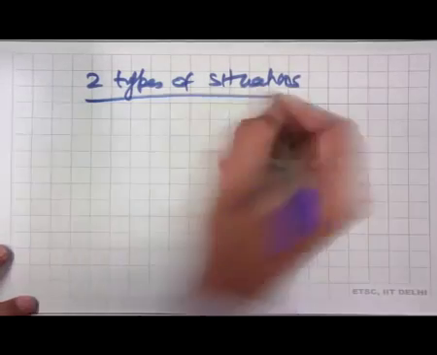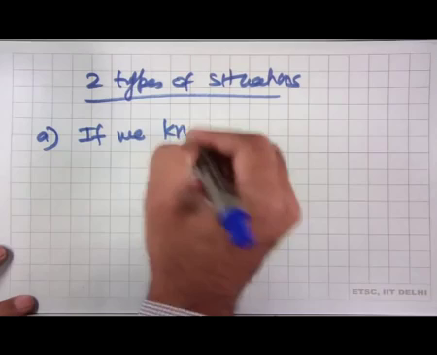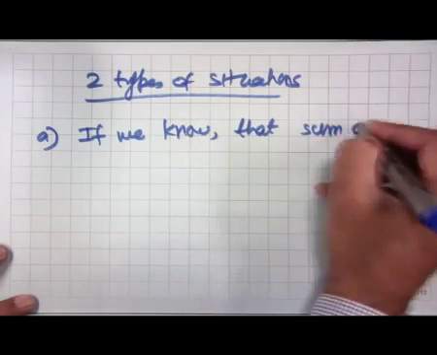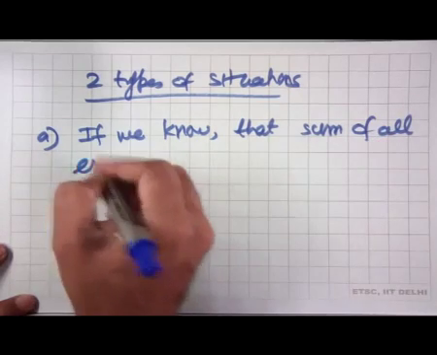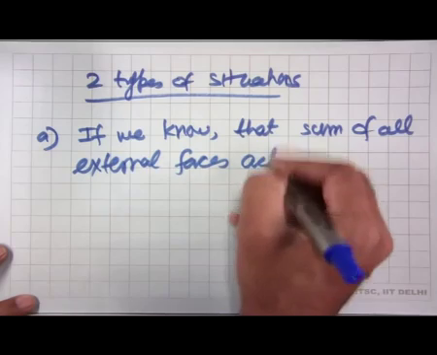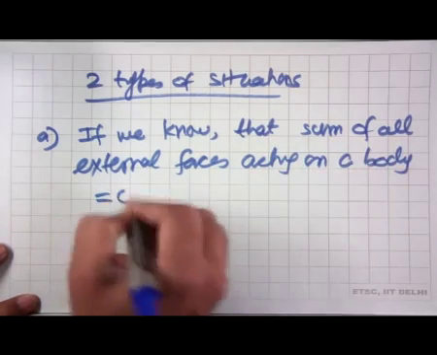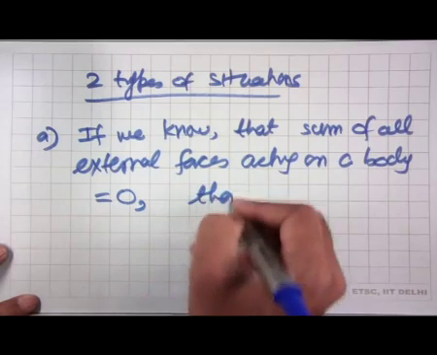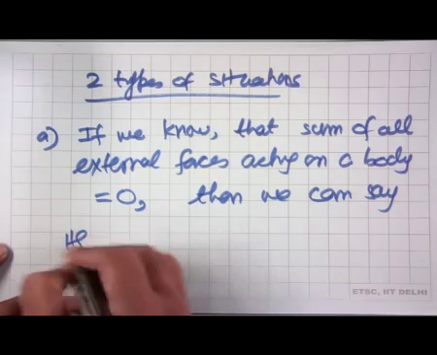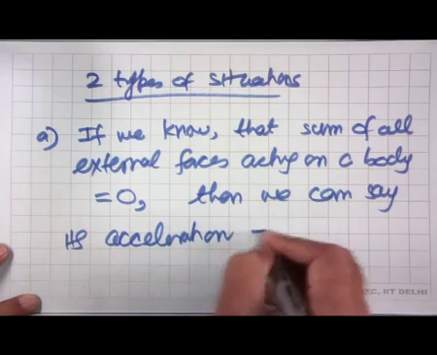The first one is, if we know that the sum of all external forces acting on a body is equal to 0, then we can say its acceleration is 0.